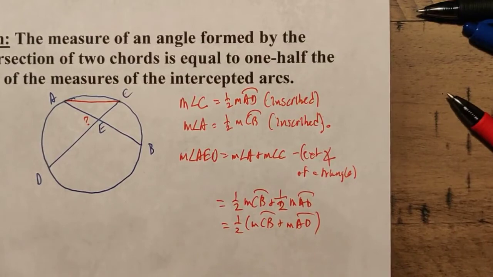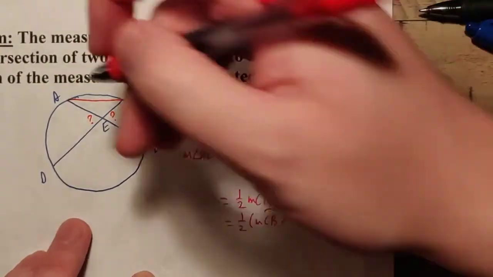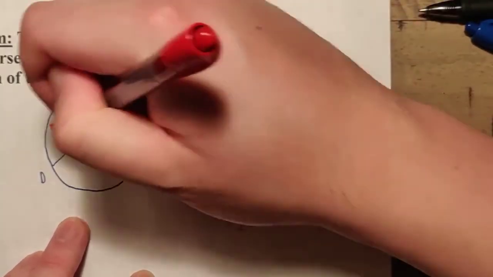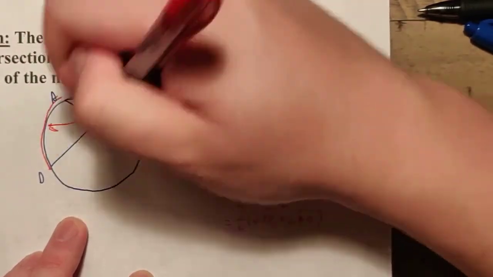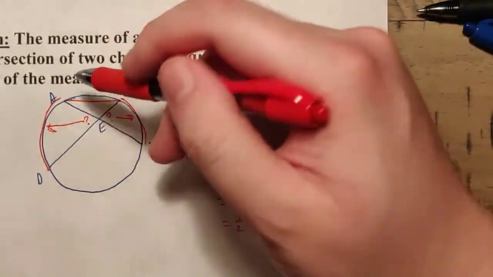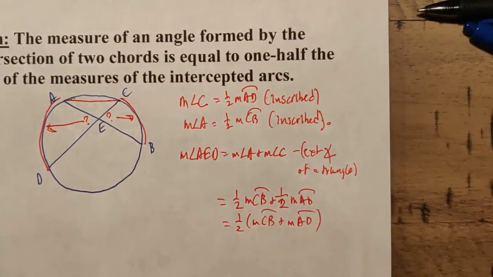And notice how in this situation here, with this particular angle, both these angles are vertical angles, so they match up with each other. And they're going to intercept these opposite arcs here. You see that this angle AED and CEB here, these two angles intercept AD and CB.